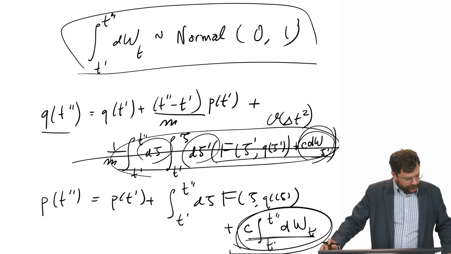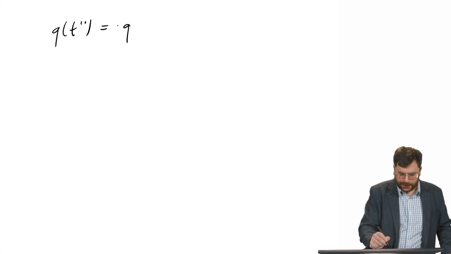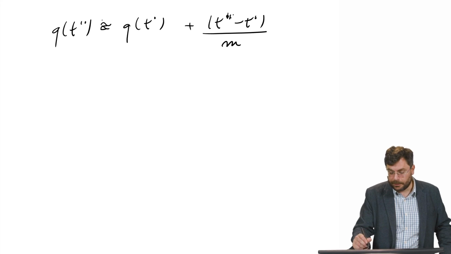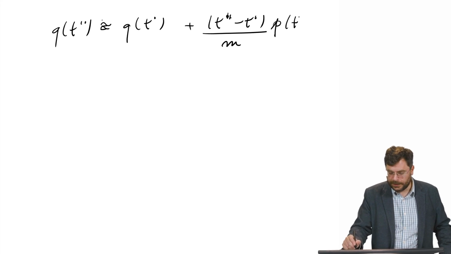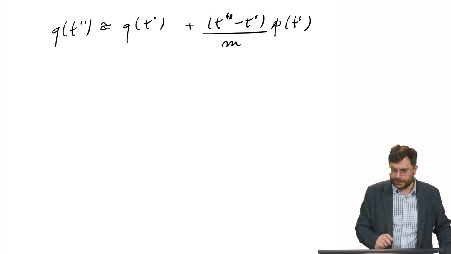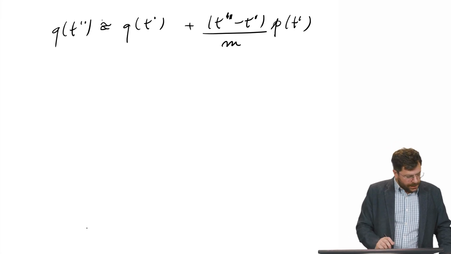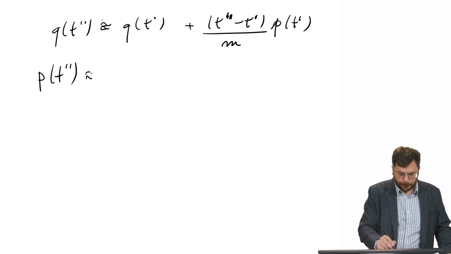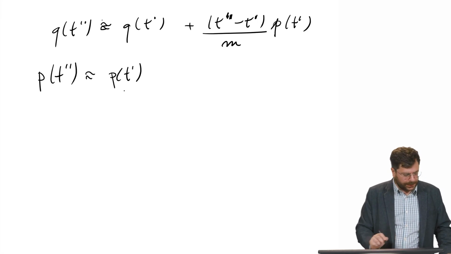So first things first, I have q of t double prime is approximately equal to q of t prime plus my time interval, t double prime minus t prime, divided by m multiplied by p of t prime. This is 2 primes, that's 1 prime. That's my delta t.